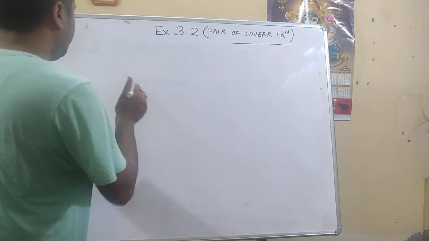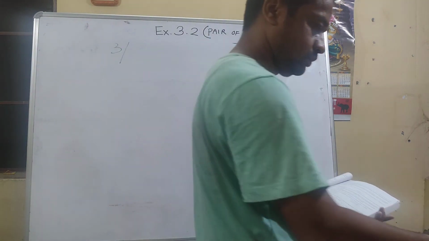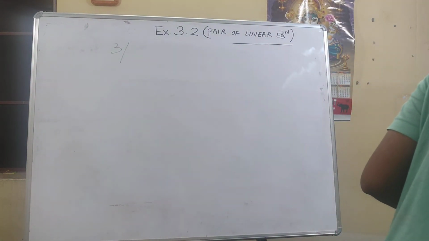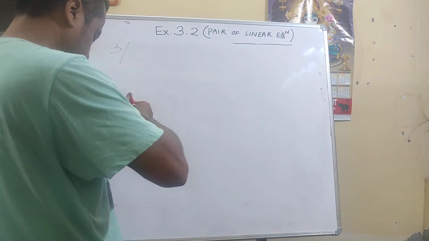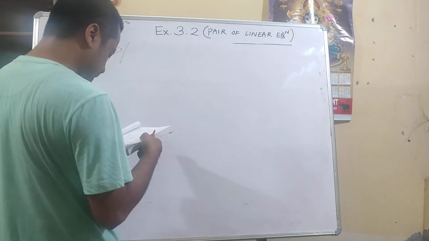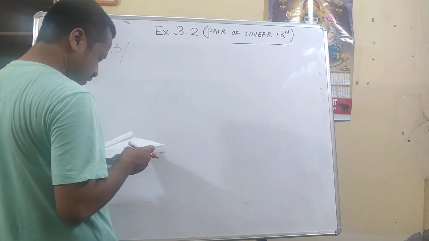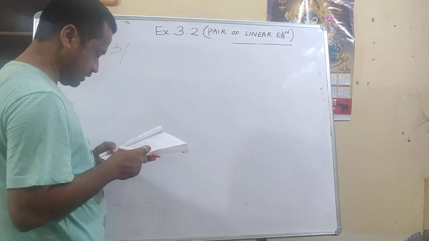Now question number 3. On comparing a1 by a2, b1 by b2 and c1 by c2, find whether the following pair of linear equations are consistent or inconsistent.